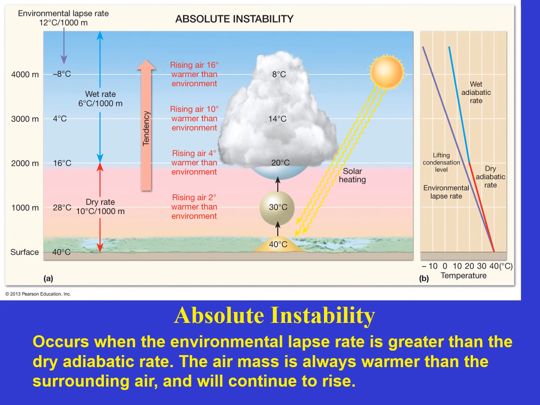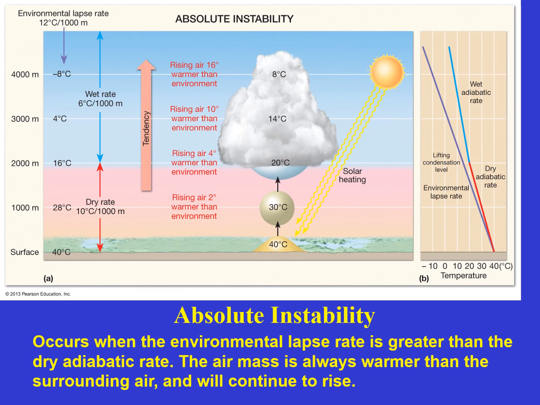So again, you've got your dry rate, which is fixed, the dry adiabatic cooling rate, 10 degrees Celsius per 1,000 meters, and then above the lifting condensation level, you have the wet adiabatic rate, which is always less, and here it is 6 degrees Celsius per 1,000 meters. And then you look at the environmental lapse rate in the top left corner.